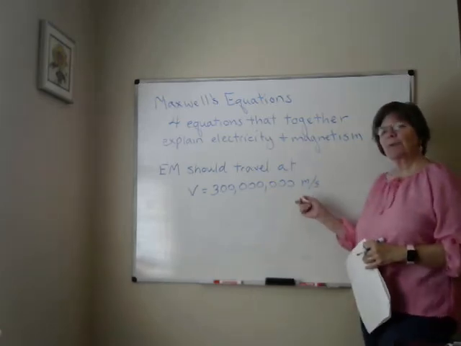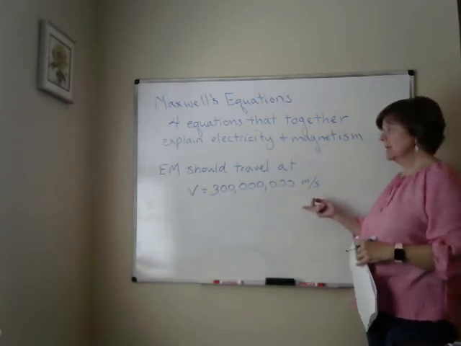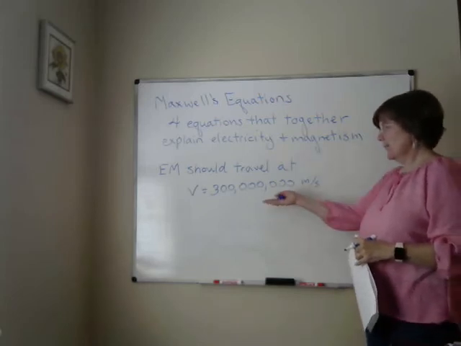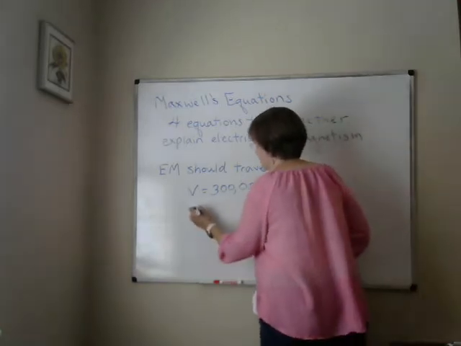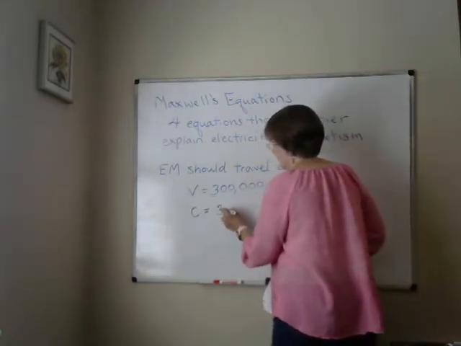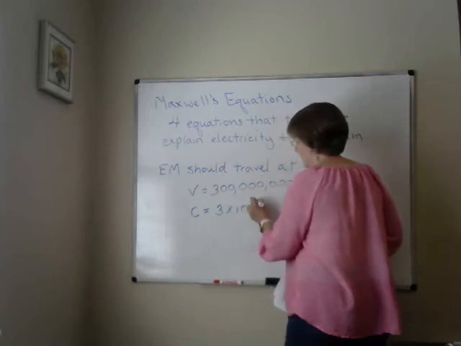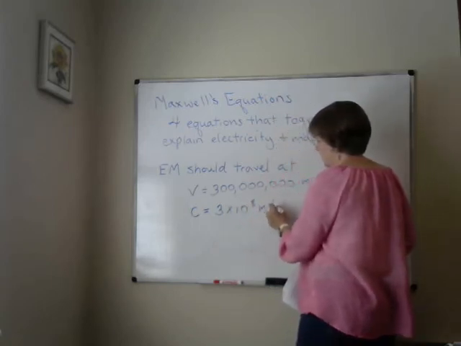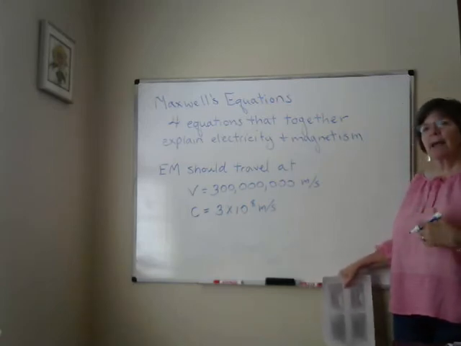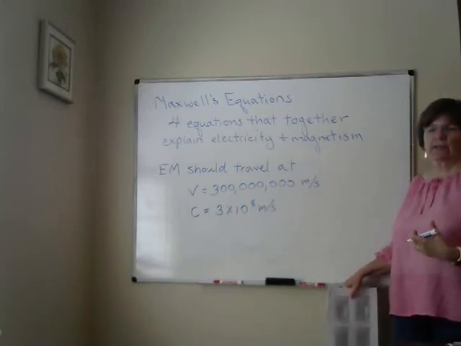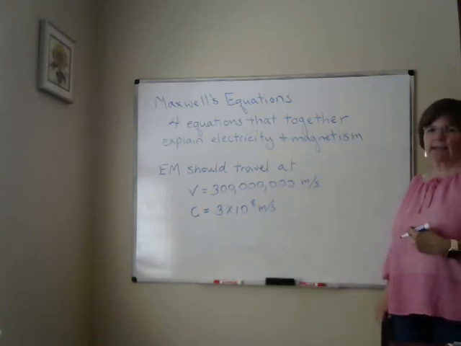Interestingly enough, experimentally, we already knew that light traveled at about 300 million meters per second, or easier to write it in scientific notation, 3 times 10 to the 8th meters per second. So this was a major clue that light was an electromagnetic wave.